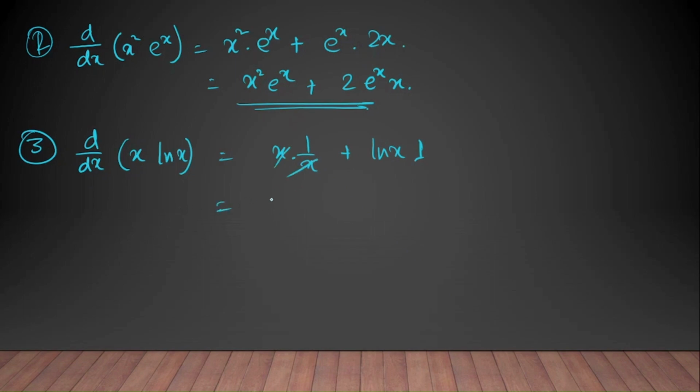This will be 1 plus ln x. This is the answer. I hope you understand, or if you have not understood, pause the video and rewind back and then come to this area. You will definitely understand, I promise.